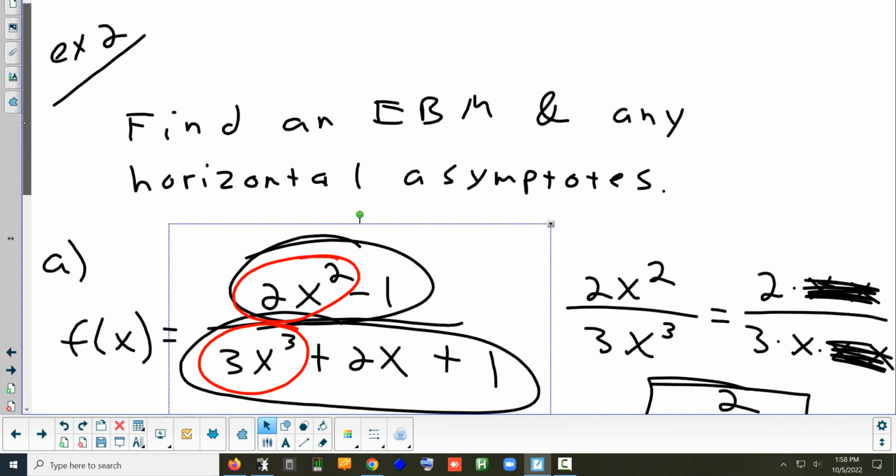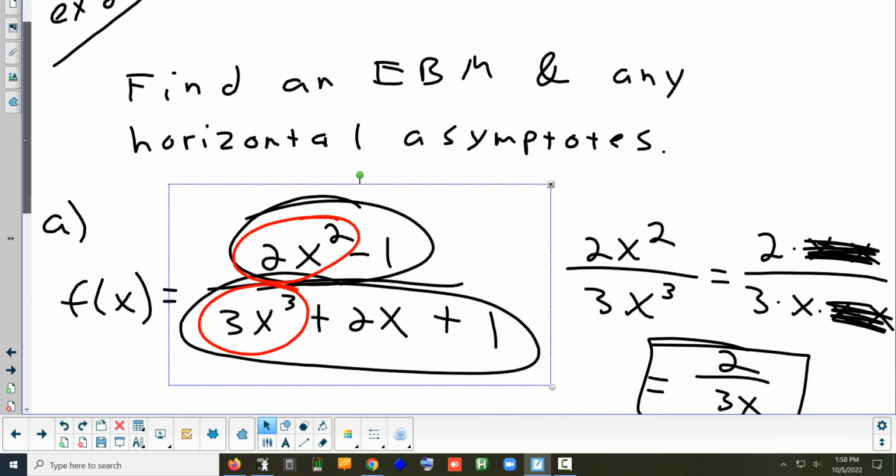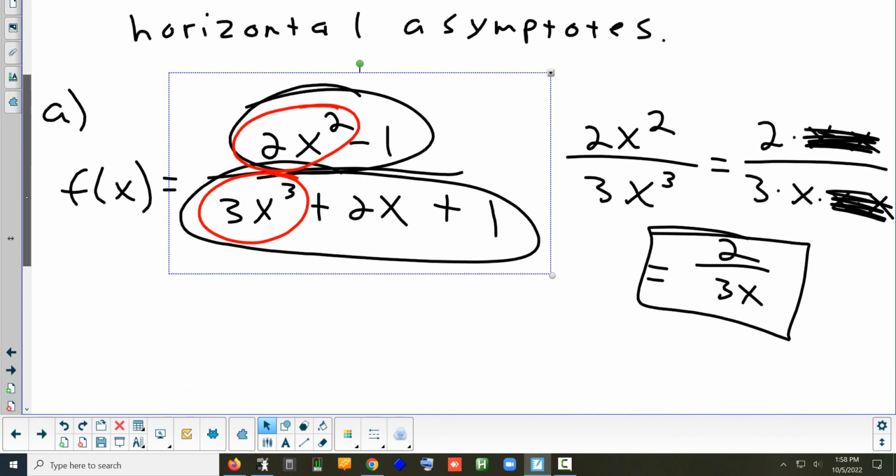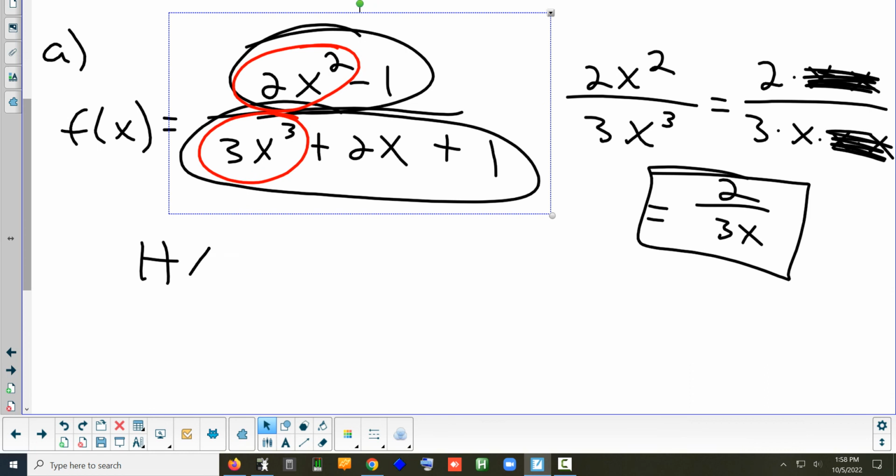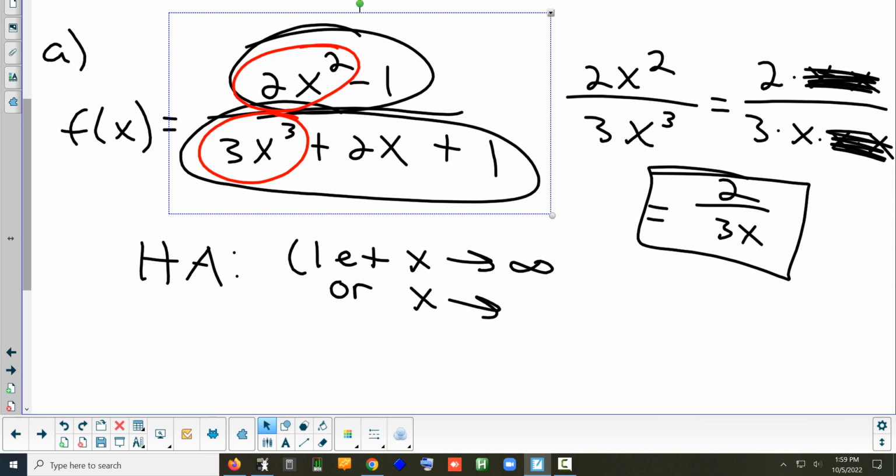Now, what we use the EBM for is to find horizontal asymptotes. The original is more complicated to look at. It's got a lot of stuff in it. The EBM is simplified. To figure out what your horizontal asymptote is, let x approach infinity or negative infinity.